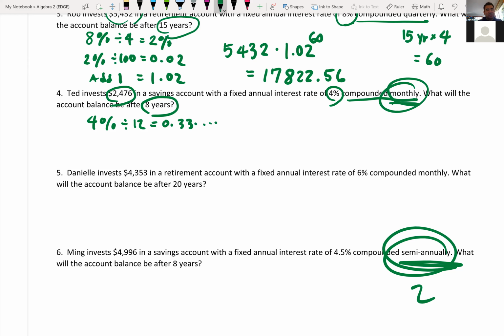And well, first, let's divide that by 100. You get 0.00333, right? And then you're going to add 1 to it.